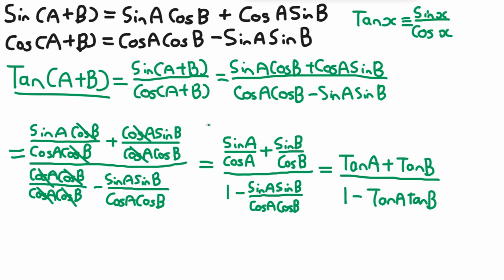So tan of a plus b is equal to tan a plus tan b over 1 minus tan a tan b, like this. And then for tan of a minus b, it's the exact same thing, except all the signs are flipped. So it gives tan a minus tan b over 1 plus tan a tan b.